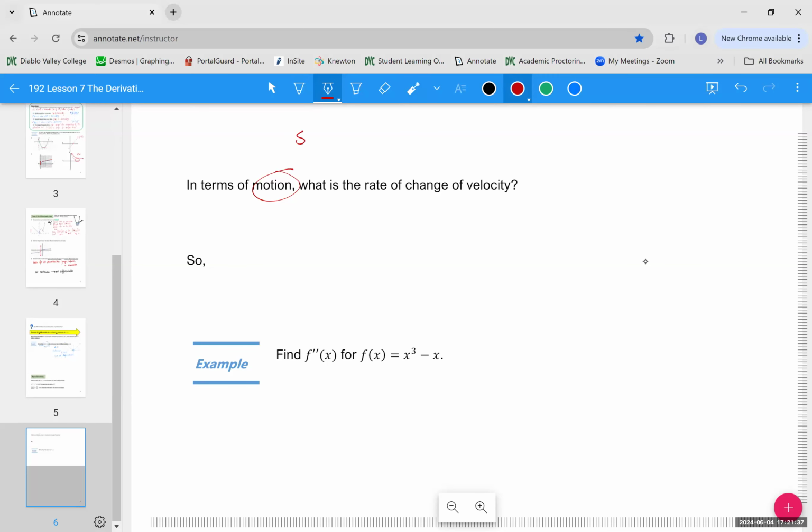Remember, s is position, v is velocity, and s prime is equal to v. S double prime, v prime, what would that be? How do you measure how your velocity is changing? What is the rate of change of velocity?